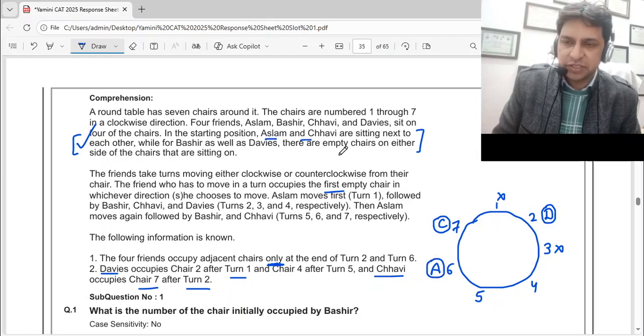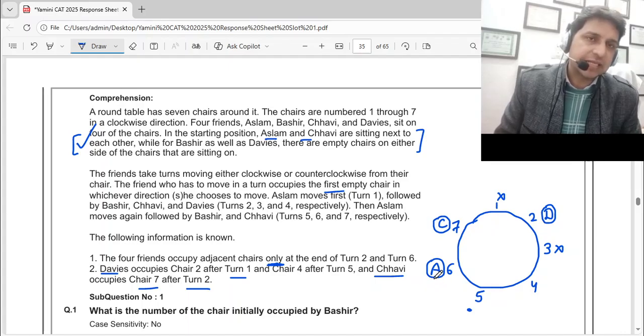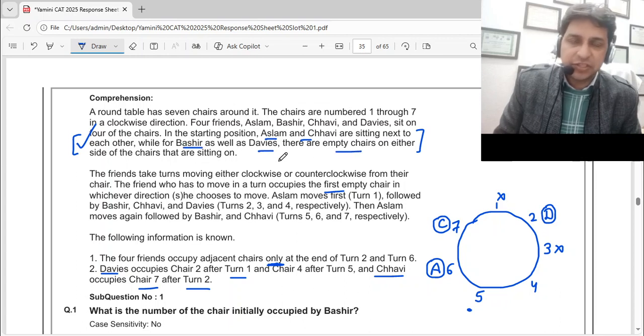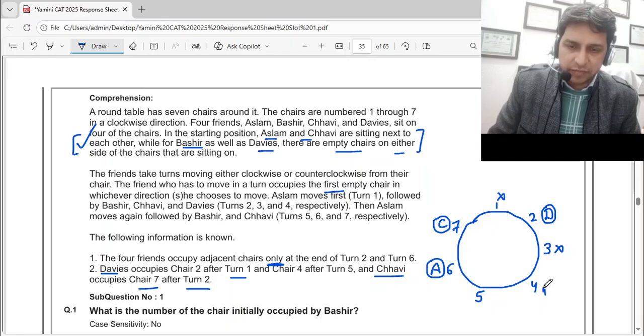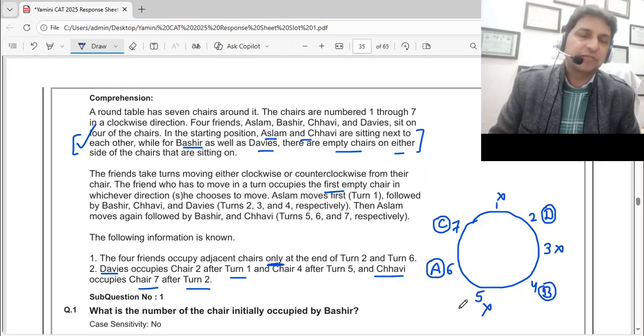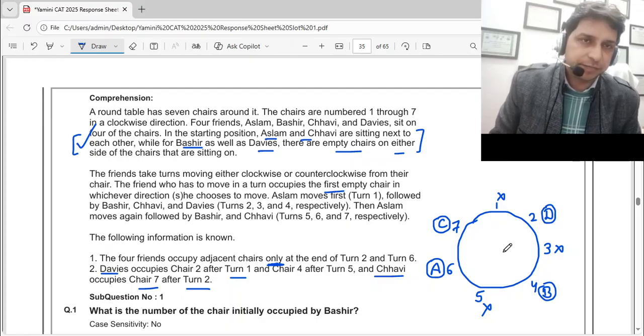Aslam and Chhavi are sitting next to each other, they are neighbors. Now for B, we have options 5 and 4. 5 we can't take because if we make him at 5, that means on the left-hand side he has Aslam, but that is not possible because B and D have empty chairs on either side. That means B has to sit at number 4. So let's make him sit at chair number 4. Now that means nobody is at chair number 5. Now this is the initial position.